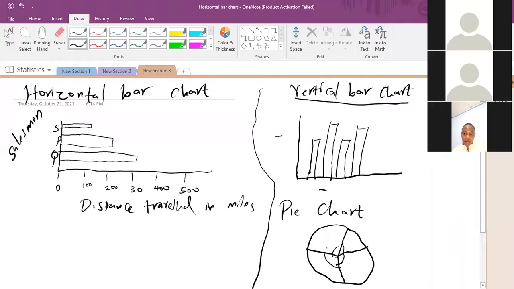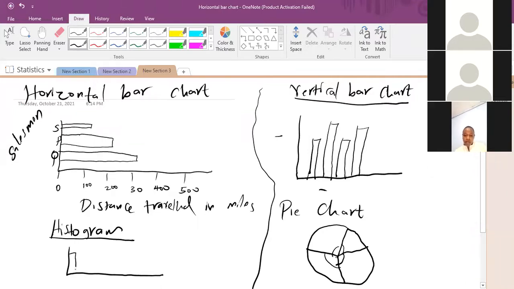And finally, if we are to have our data represented as a histogram, allow me to draw it here so that you can see all of them. The difference between the histogram and the bar chart is that the histogram has the bars together, with no space in between the bars.